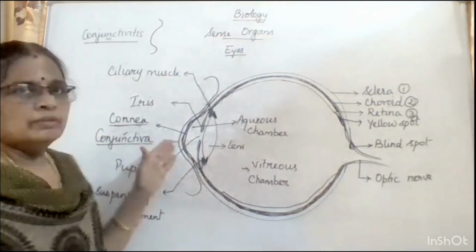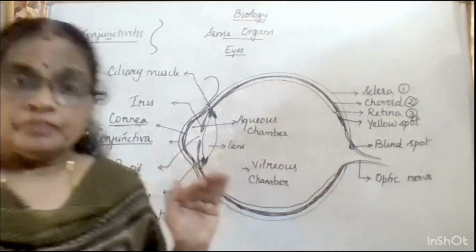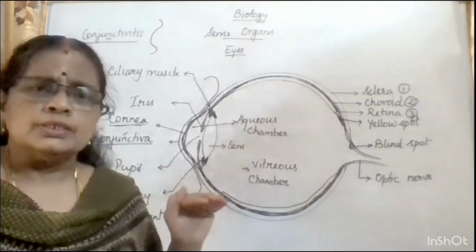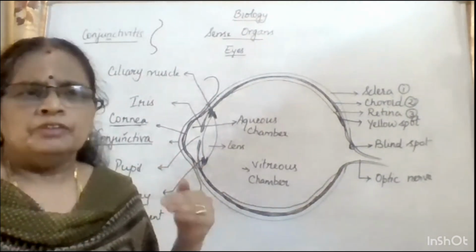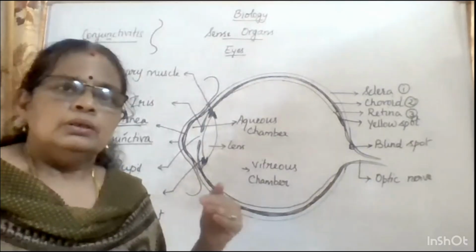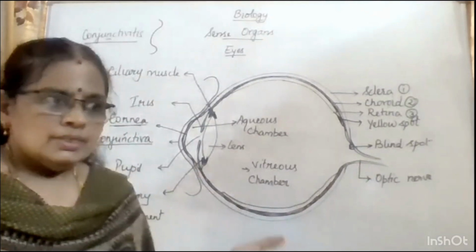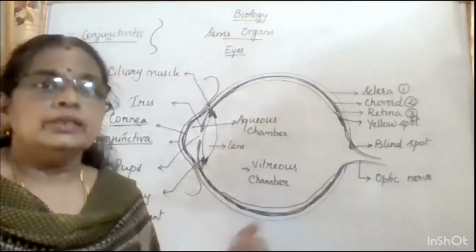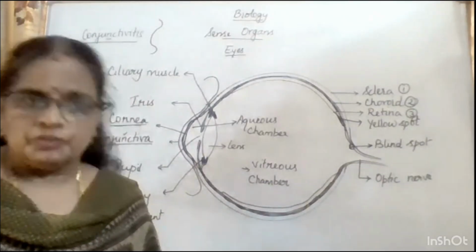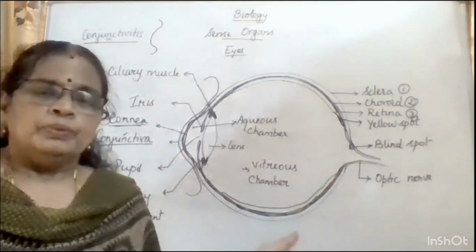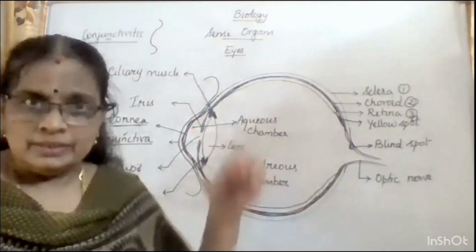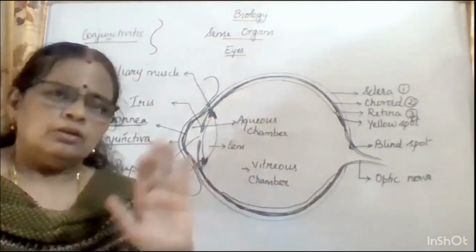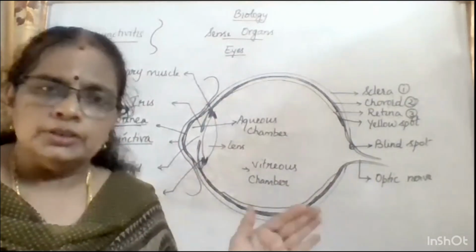When we talk about eye transplantation, for a few people, a defect in vision occurs due to a defect in the cornea. For such patients, corneal transplantation can be done. Not necessarily does the whole eyeball have to be changed; the corneal transplantation is enough.